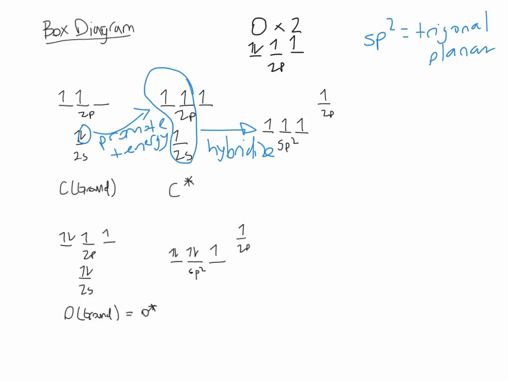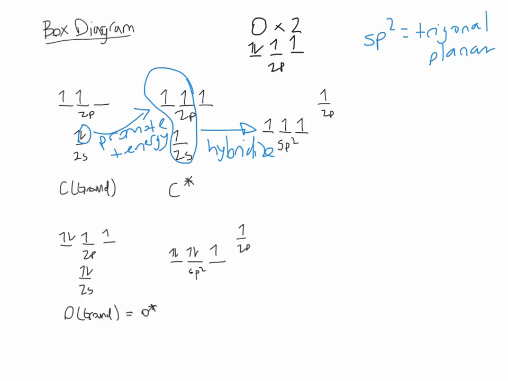Also, for CO3 2-, we're going to have to hybridize the oxygen. So we're going to look at it in its ground state, and we notice that it has 2 parking spaces, and we're going to need 2 parking spaces in order to form 1 sigma bond and 1 pi bond, because this right here represents a double bond between oxygen and carbon.